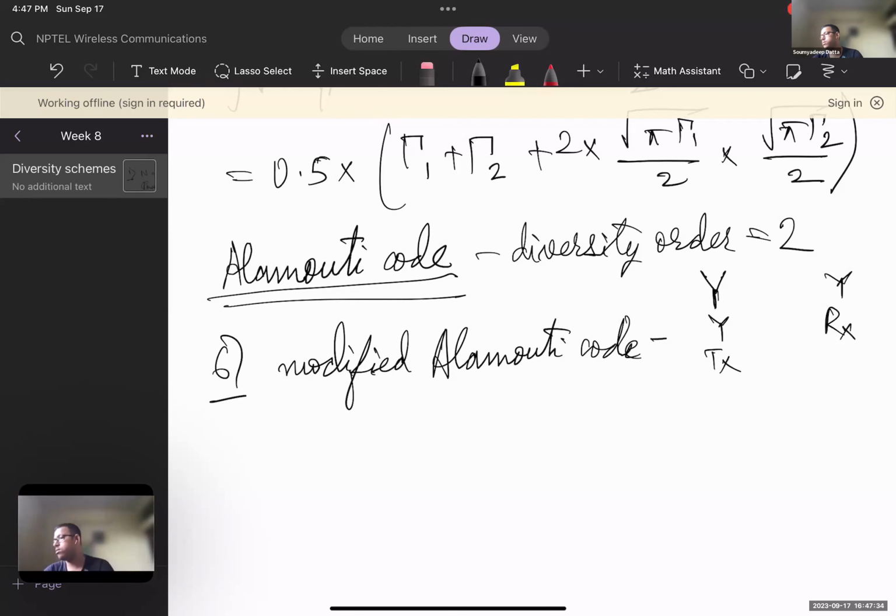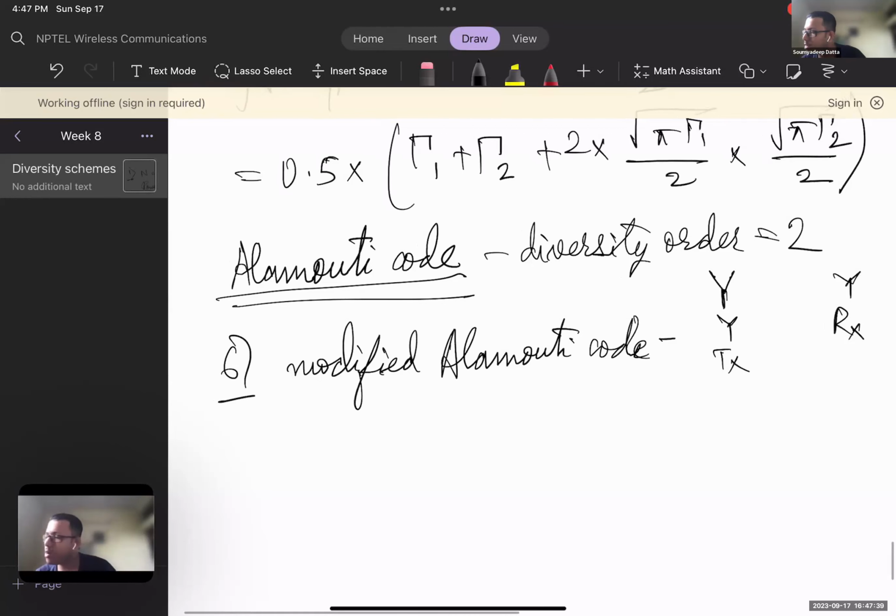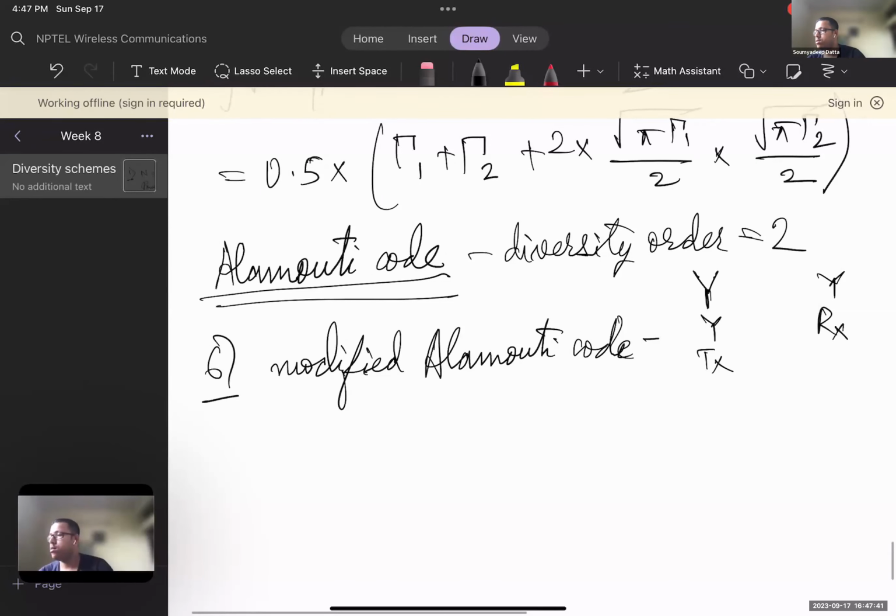So this is your normal Alamouti coding situation, and you are sending two symbols. So first you are sending S1 and minus S2 star. Then you are sending S2 and S1 star. And both are going. So this is at t equal to 0.